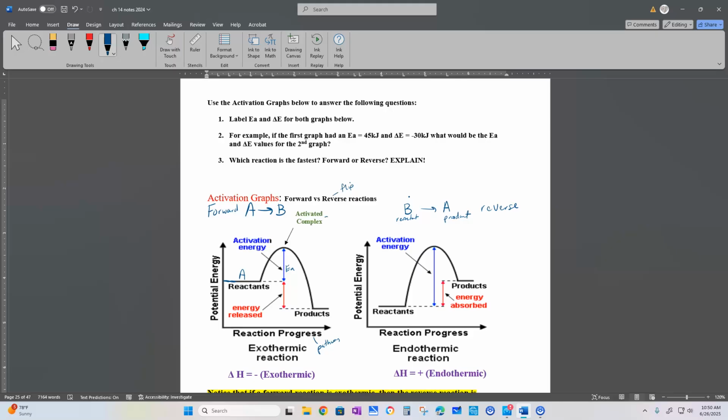And the activated complex is when you have broken whatever bond that is needed to break in the reaction. I didn't say every bond. You just broke the bond that you're trying to break. So that activated complex, it's that maximum energy in the profile.